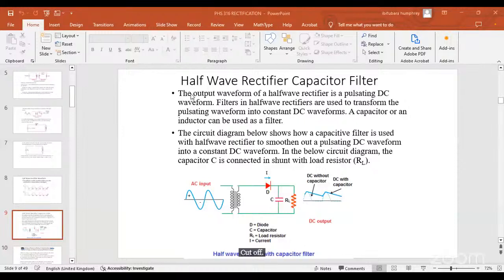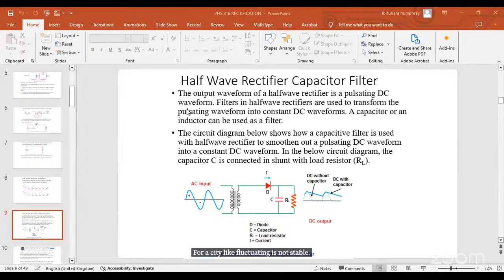Half-wave rectifier capacitor filter. Now, the output waveform of a half-wave rectifier, like we said, is a pulsating DC waveform. When signals are pulsating, there is a tendency that it can destroy the device. Pulsating, like fluctuating, is not stable.